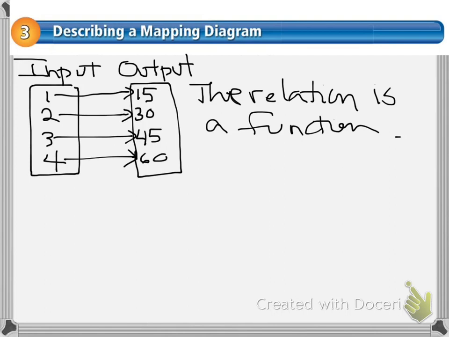So now we could even describe that further. We can look at the pattern of inputs and outputs. What do I mean by pattern? Well, this is going up, and let's use a different shade, this is going up by plus 1. Each one is going up by plus 1. Here, this is going up by plus 15, plus 15, plus 15.